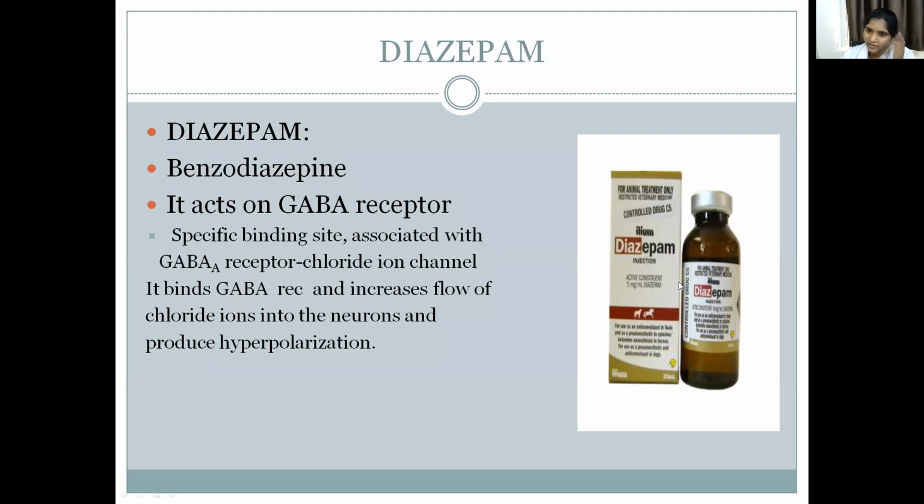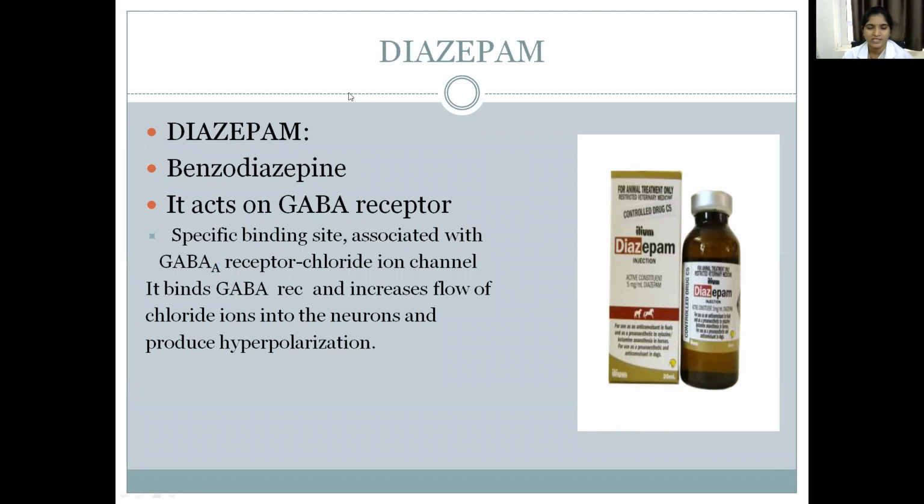Along with this, we'll give you questions like: diazepam belongs to which group, what is the use of diazepam, what are the adverse effects, what is the mechanism, which receptor does it act on, and what are the other uses. These types of questions will be asked to you.